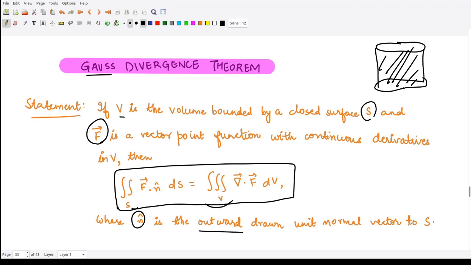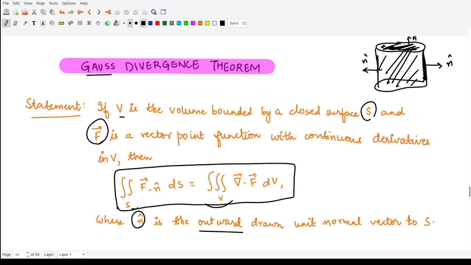So this n cap would be, if we are talking about this surface, a perpendicular vector pointing outwards from this surface. And if we are talking about this particular surface, our vector n would be the outward normal to this particular surface. So this would be our vector n. And similarly for this surface, it would be this vector n cap.